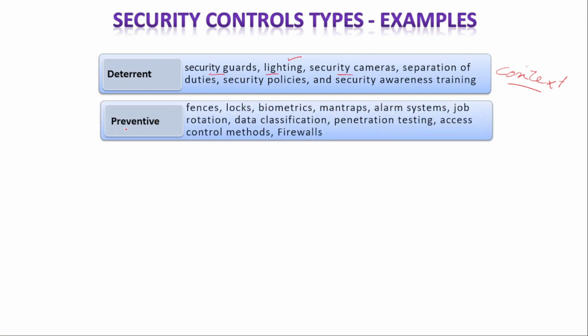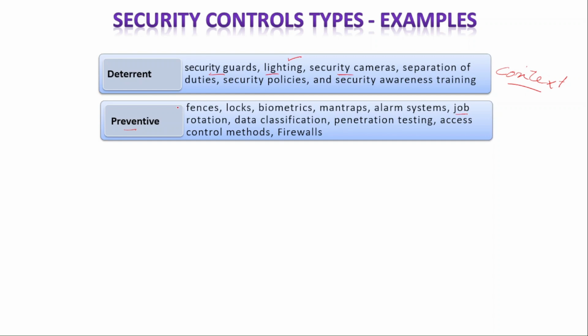The second is preventive, and the examples include fences, which is a physical category, locks, as we studied in the physical, biometrics, man traps, alarm systems, job rotation, data classification, penetration testing, access control methods, and firewall.